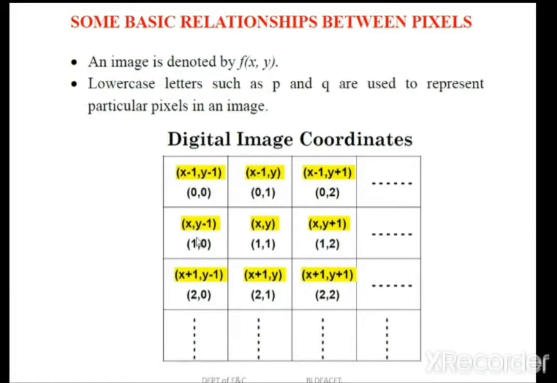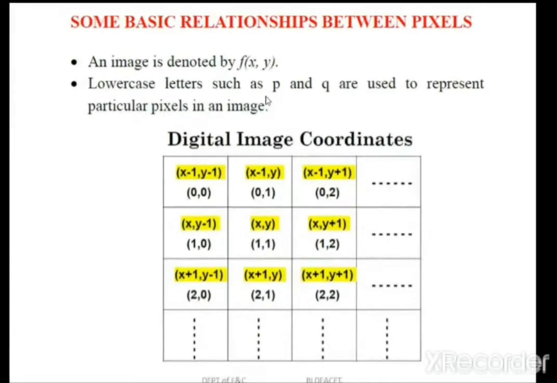Similarly, the pixel 1, 0 can be denoted as x, y minus 1, and the pixel at location 1, 2 can be denoted as x, y plus 1. Remember, any 2 pixels of the image can in general be denoted as p and q, and in terms of x and y, we should be able to identify their locations.